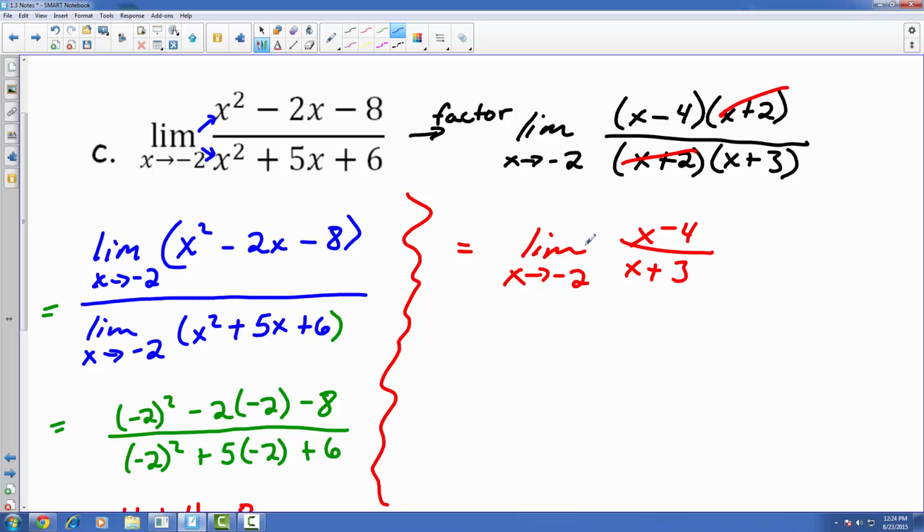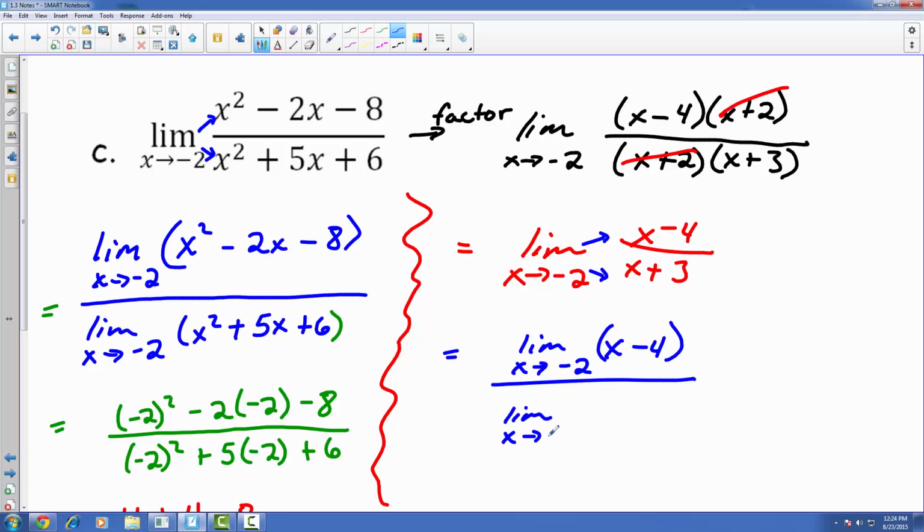At this point, you could even use your quotient property as well and apply that limit to both of them. So we have the limit as x approaches -2 of x minus 4 on top. On the bottom, we have the limit as x approaches -2 of x plus 3.